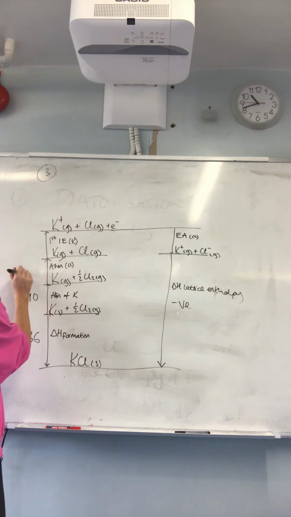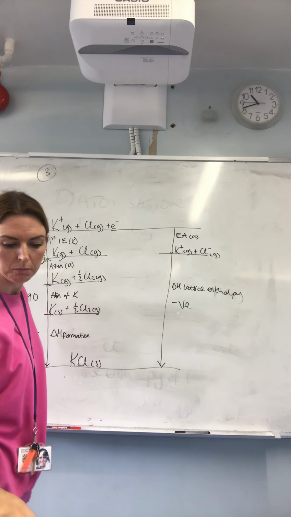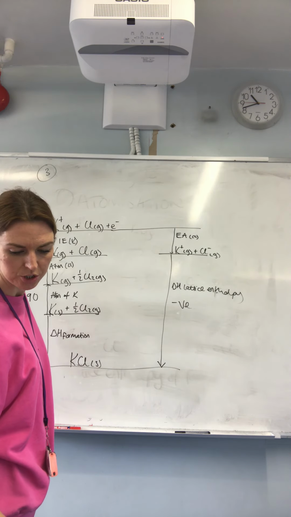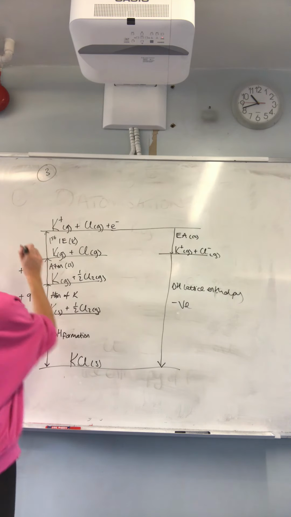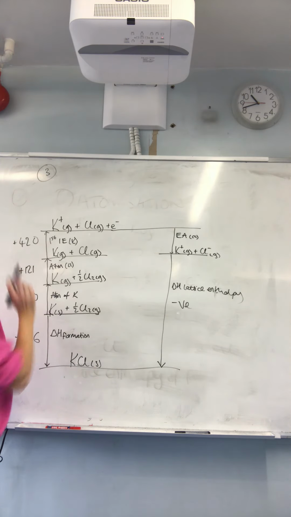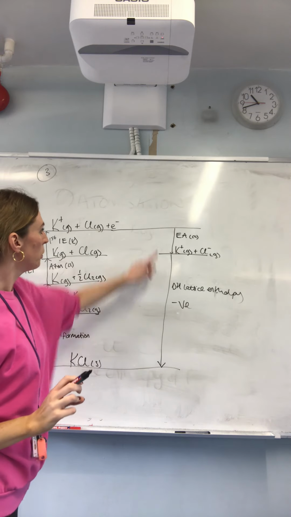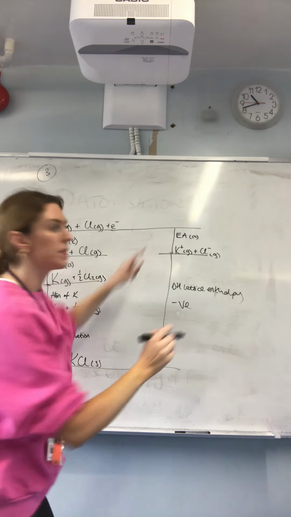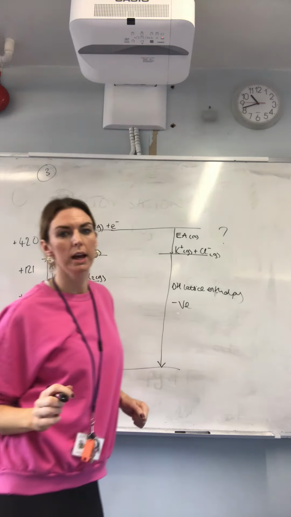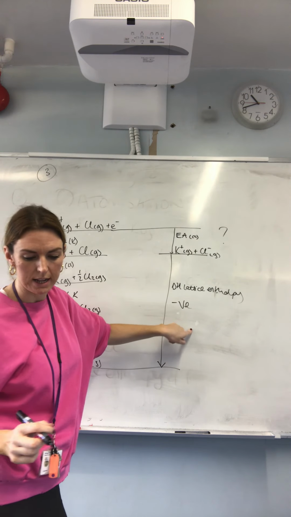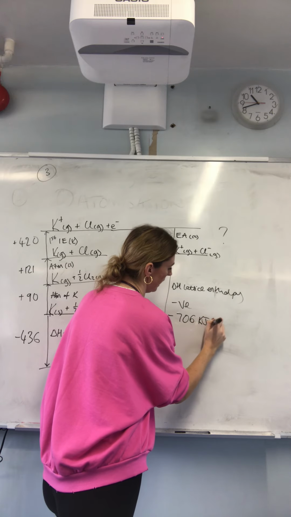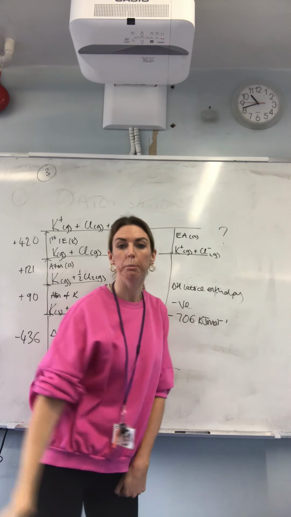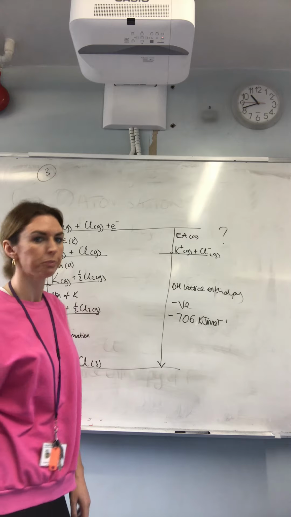Atomization of chlorine is plus 121. And the first ionization energy of potassium is plus 420. We are being asked to calculate this, so I'm going to put a question mark there, and we've been given this, that is a highly exothermic minus 706, and I've not put the units in for all of them, but they are obviously in kilojoules per mole.